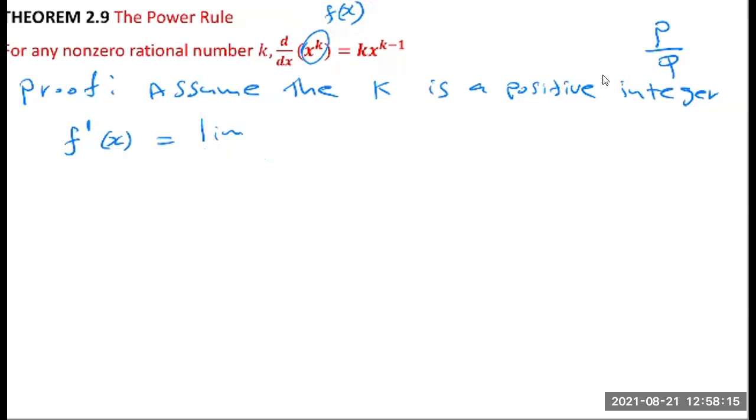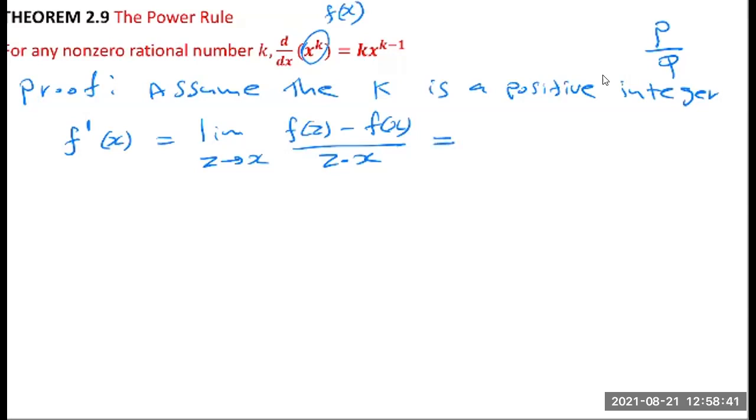Actually, I'm going to use the other definition here: the limit as z approaches x of f of z minus f of x, divided by z minus x. That's the second definition of the derivative, and I'm using that definition. Even if you use the other definition, you can still get the answer. No problem, but this definition would be easier in terms of notation.